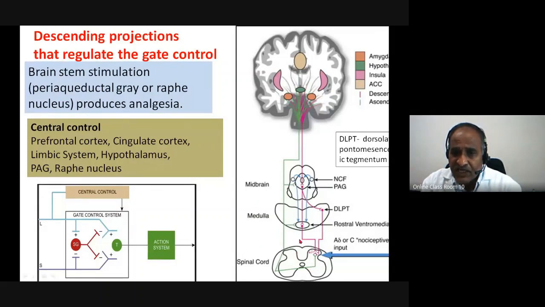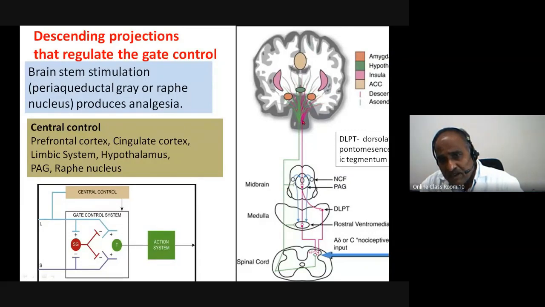You will see that the A delta and C fiber input will activate this, and this is ascending up to S1, and this is the insular cortex, this is the cingulate cortex, this is the amygdala, this is the hypothalamus, and this is the thalamus. So this is going through the thalamus to the different areas of the brain, as I have already described.